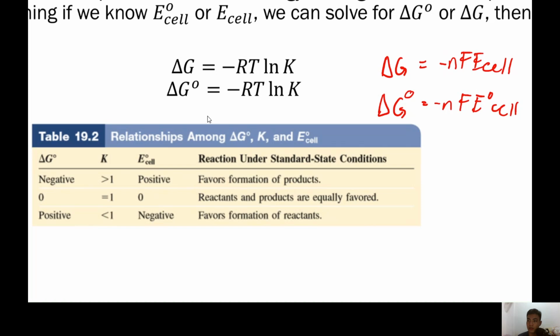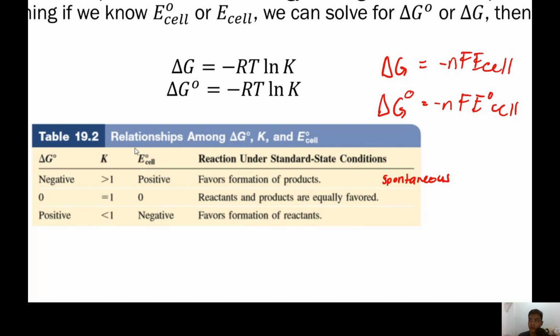Given all these conditions, we can tell the relationships among these variables. Let's go with the first one. If delta G is negative, that means the reaction is spontaneous, and the reaction will produce products. What are the requirements for delta G to be negative?